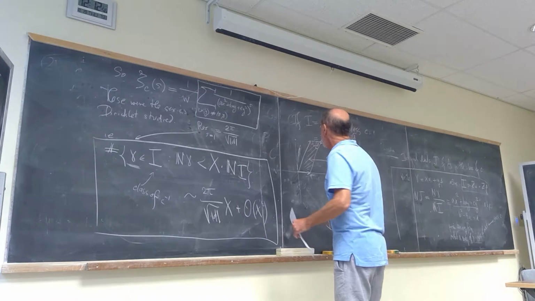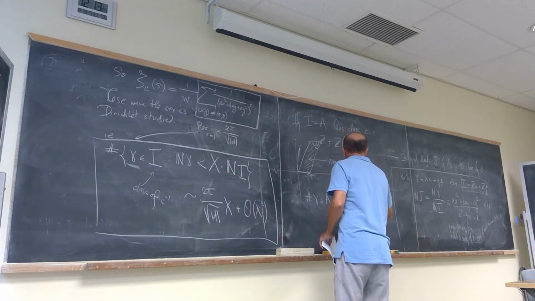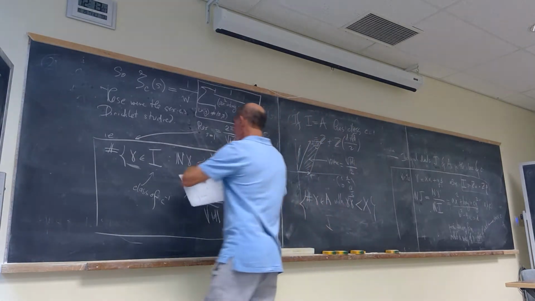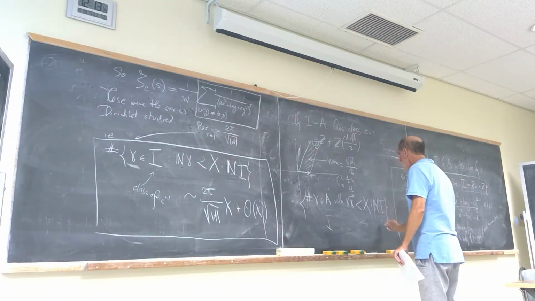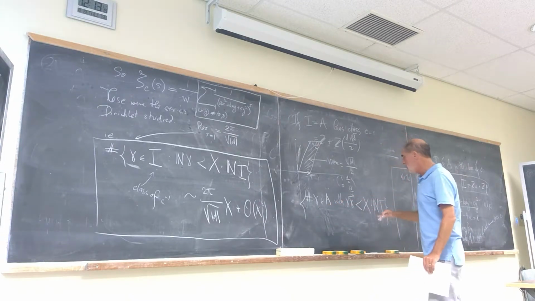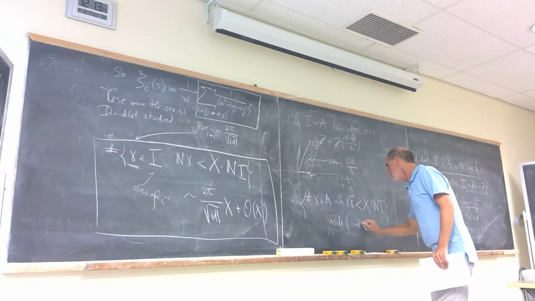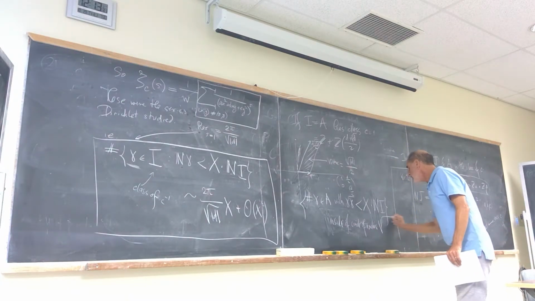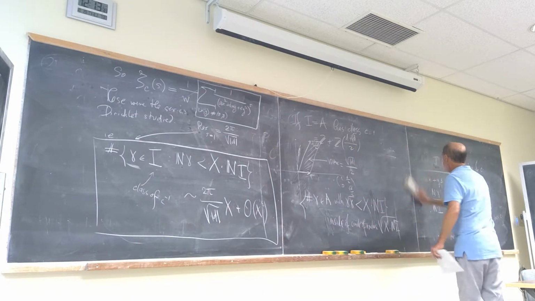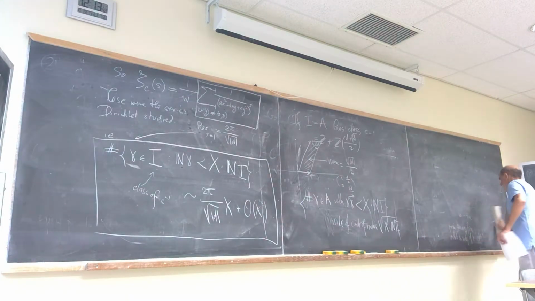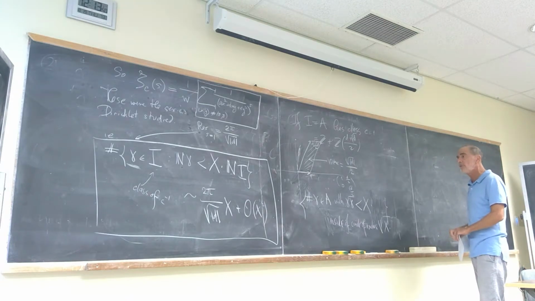If we're counting the number of gamma in A with the norm of gamma less than x, because that is less than x times the norm of I, then we're counting the number of elements in the ring of integers which lie inside of a circle of radius the square root of x times the norm of I. And the number of elements you'd expect to find in that, well, this is the case for the full ring of integers, but the norm of the full ring of integers is 1, so just let it be the square root of x, okay?